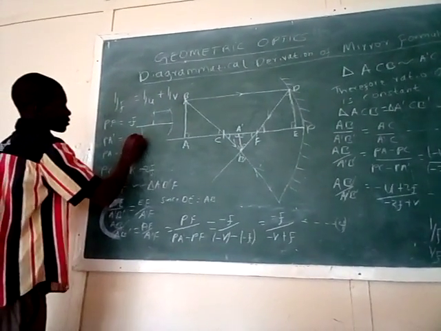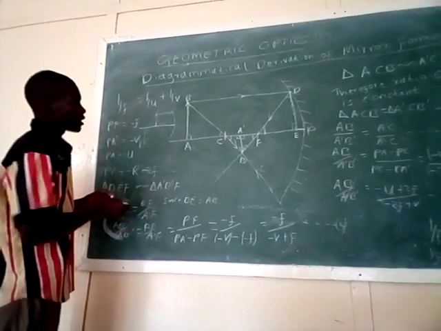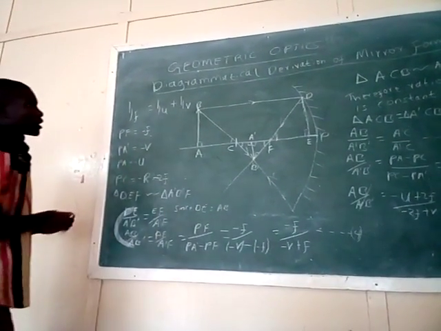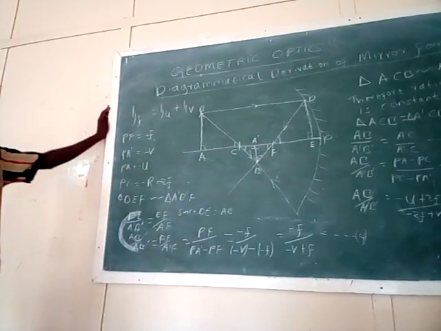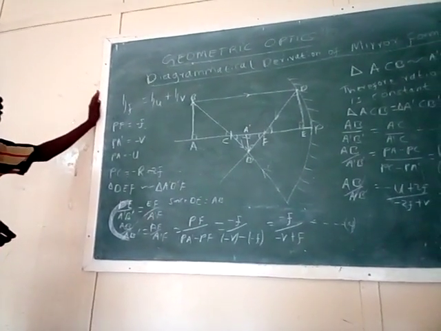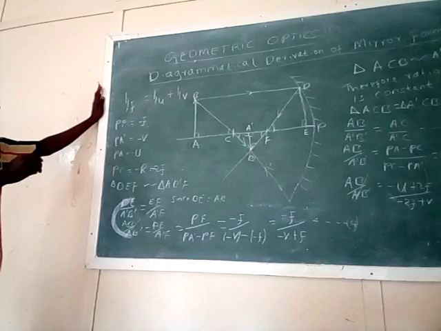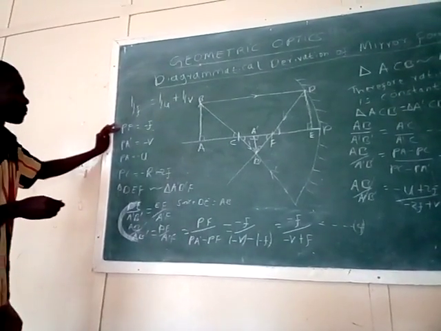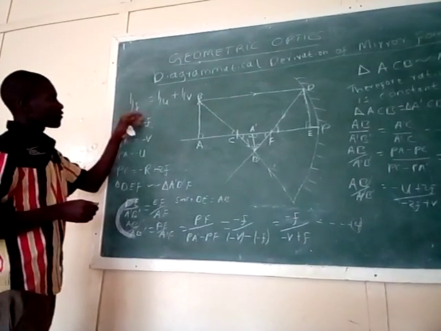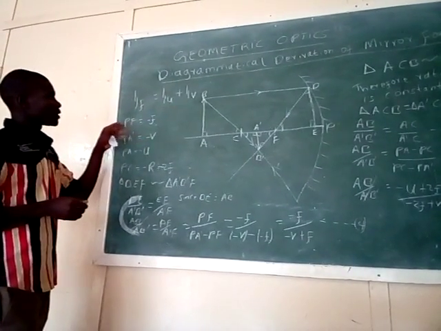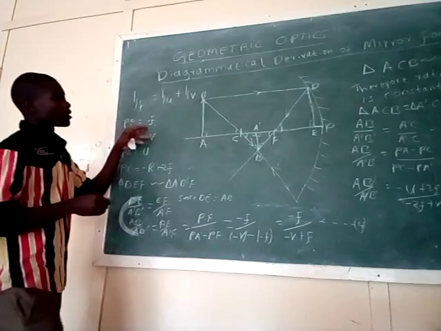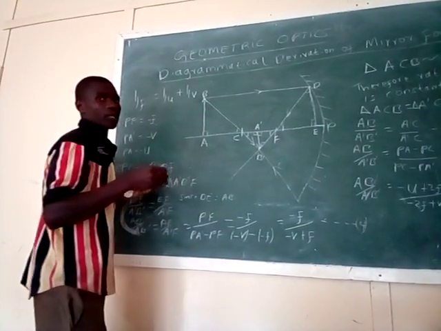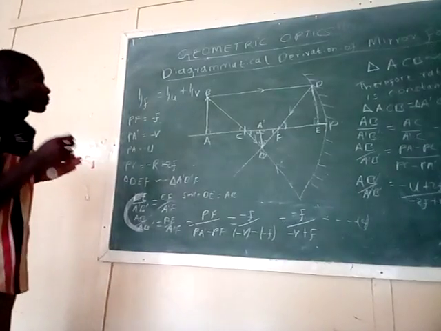It is still the same, you just apply the rules, so long as you have a correct diagram of a ray of light being reflected on a mirror. You just follow this, but for this case we are only considering F, U, and V, and all the distances are measured from the pole of the mirror. So that is what should be on your mind.